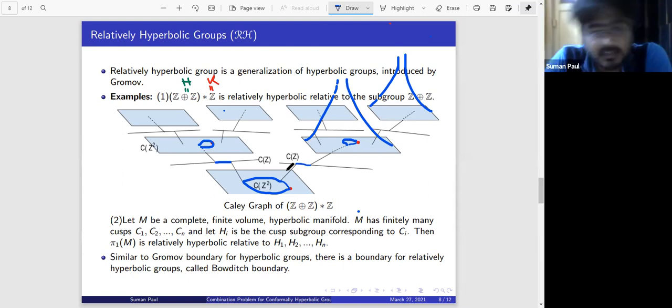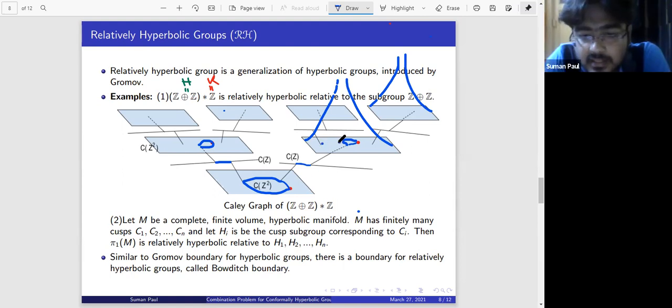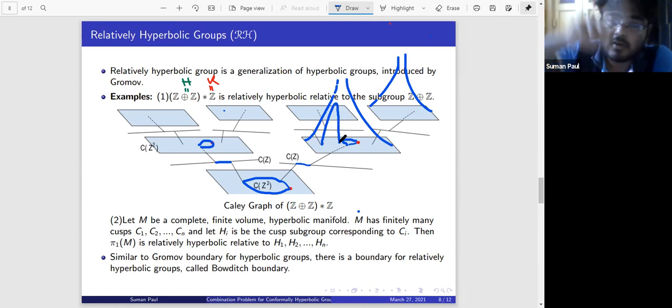Okay. So if I take any 2 points in this plane, then in the newly constructed space, the geodesic would be something like this. So it will go above the horoballs and then come back.